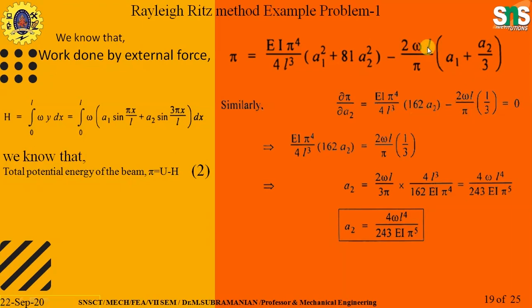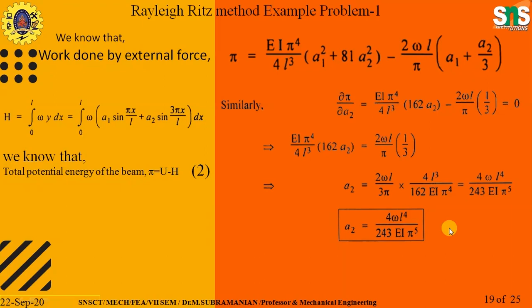Similarly, minus 2 W L divided by pi; a1 is constant so that term is 0, and a2 is 1, so 1 divided by 3. From that we calculate this a2 Rayleigh-Ritz parameter. The second parameter a2 is 4 W L power 4 divided by 243 EI pi power 5.